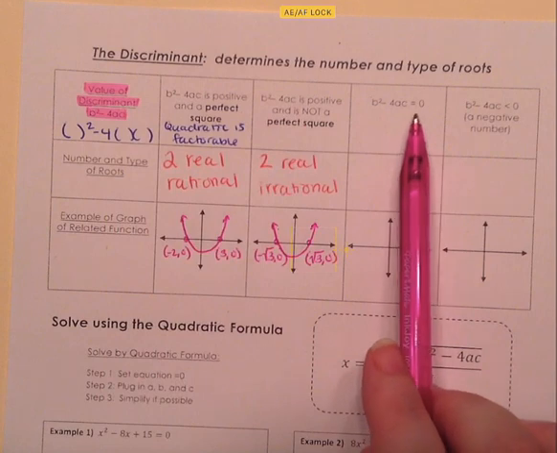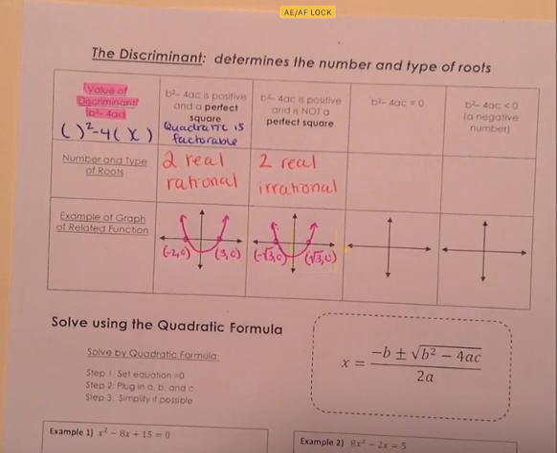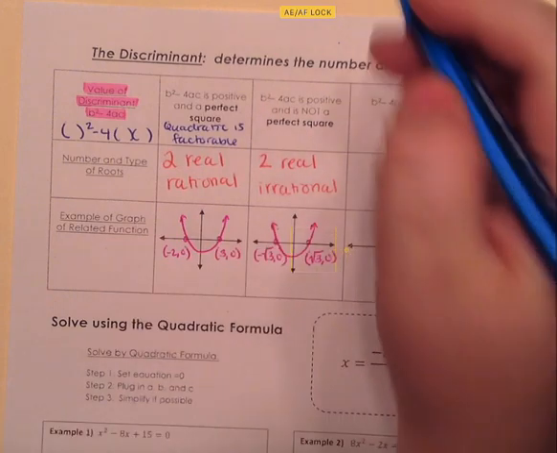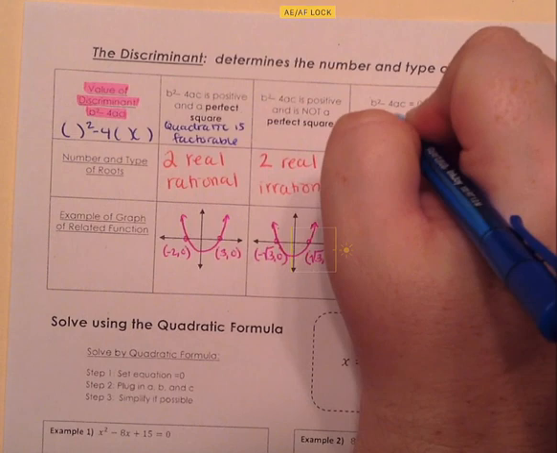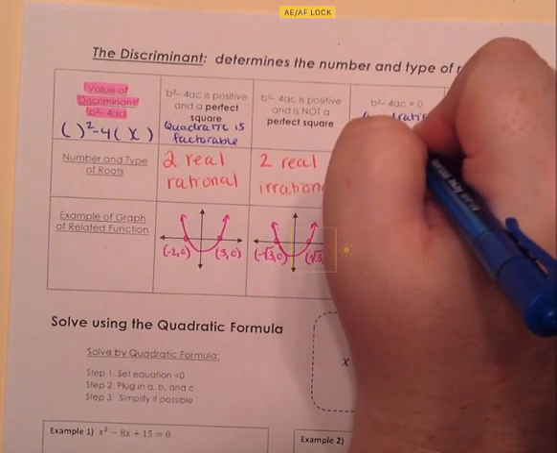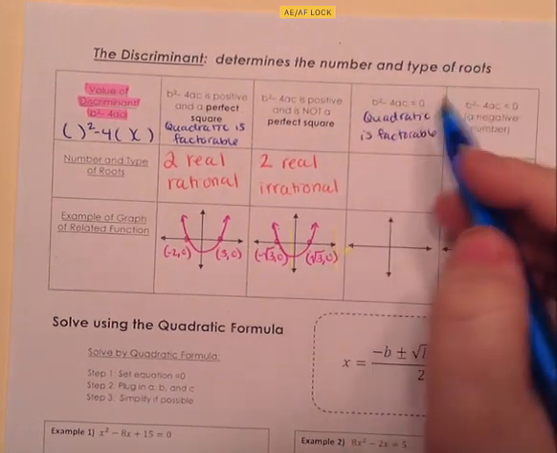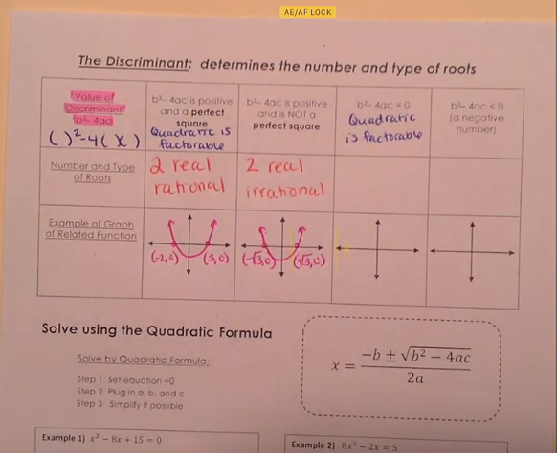If b squared minus 4ac is equal to 0, if your discriminant is 0, that also means that your quadratic was factorable. Because if you think about it, the square root of 0 is still 0. So your quadratic is factorable. When it's 0, you're only going to have one solution because the square root of 0 is 0.